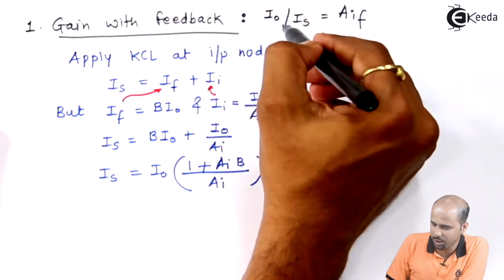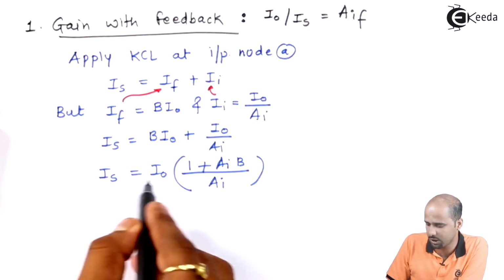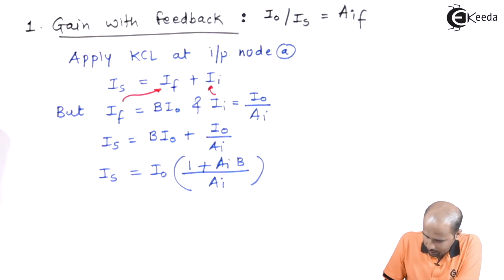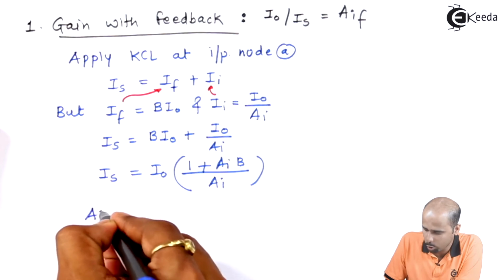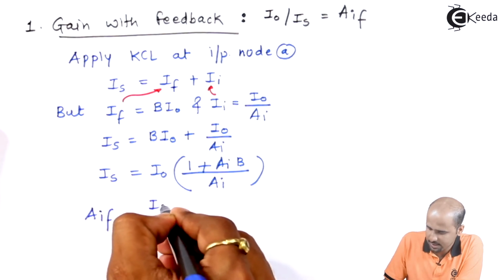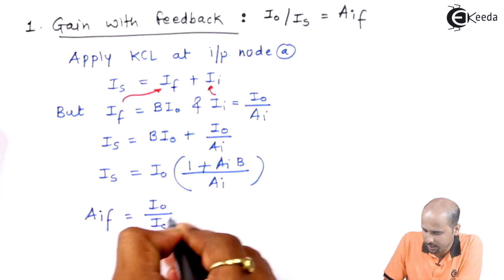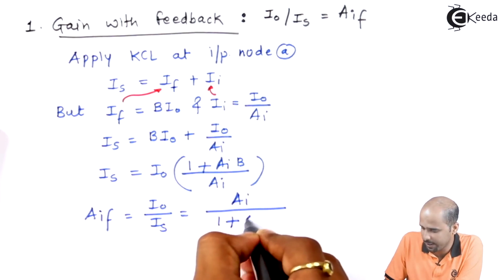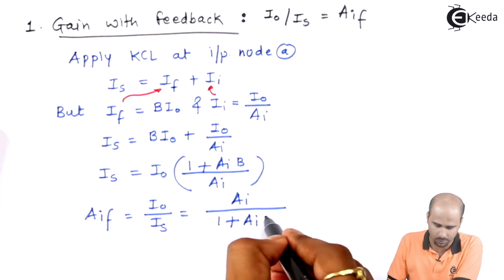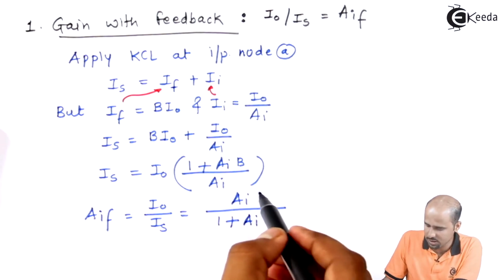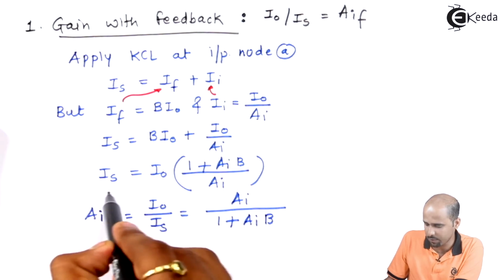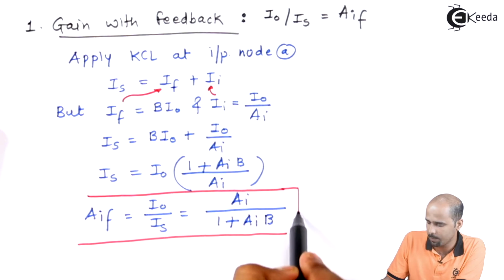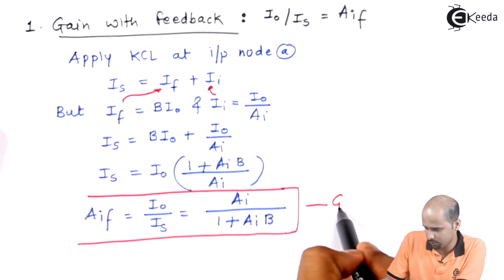The ratio from this formula comes out to be AIF, equal to IO divided by IS, is equal to the open loop gain divided by 1 plus the open loop gain multiplied by B, that is the feedback gain. And that is our first formula we are expecting from this feedback topology, the gain with feedback.